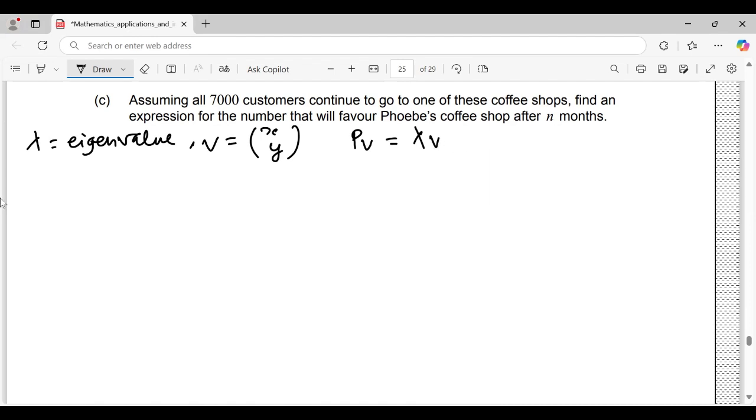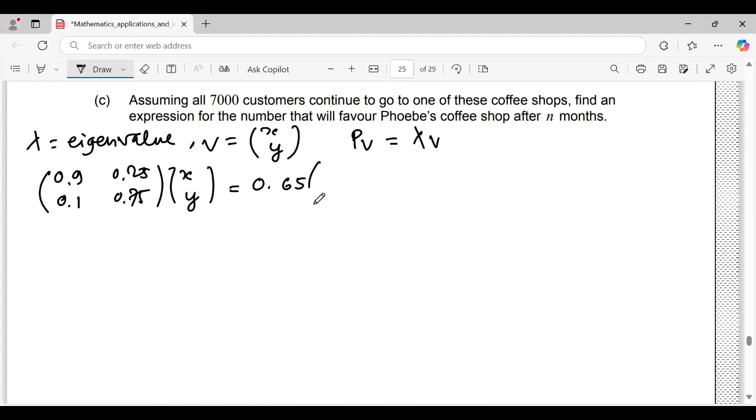We can write it like this: the matrix 0.9, 0.1, 0.25, 0.75 times (x, y) is equal to 0.65 times (x, y).